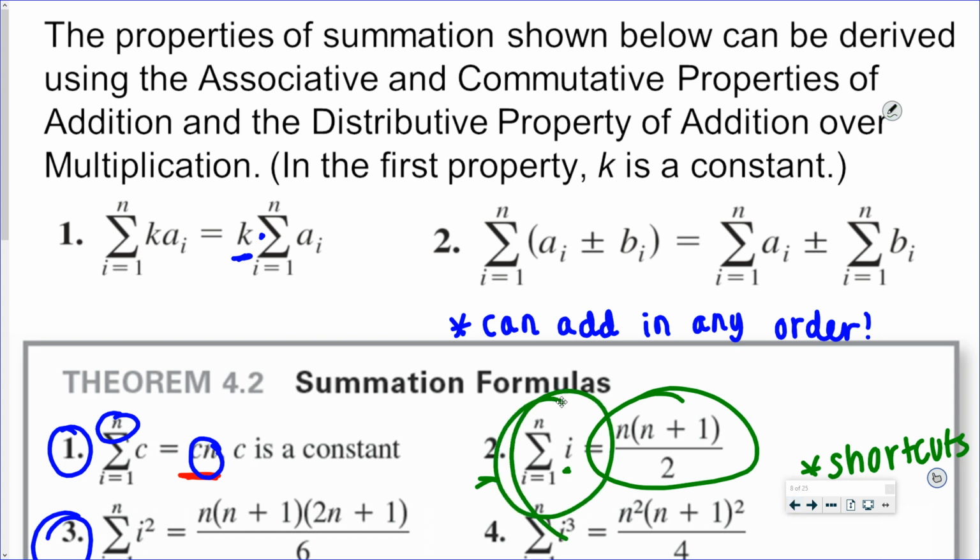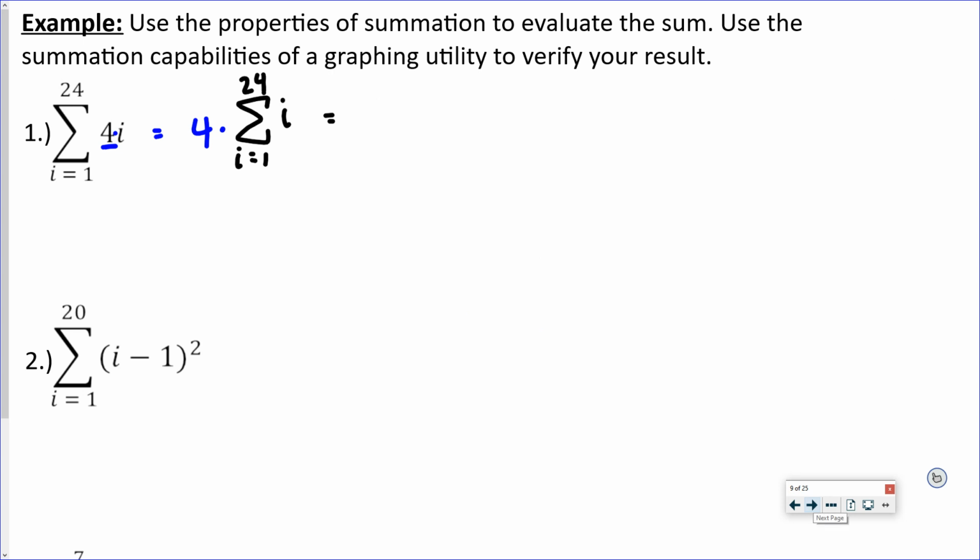So we can find this sum by simply doing n, which is 24, times 24 plus 1, times n plus 1, all divided by 2. I just got that formula from that second one. And then, of course, I have to multiply this by 4. You guys quickly figure out what that is. I'm going to pull up the graphing calculator and remind you of how to use the sum button.